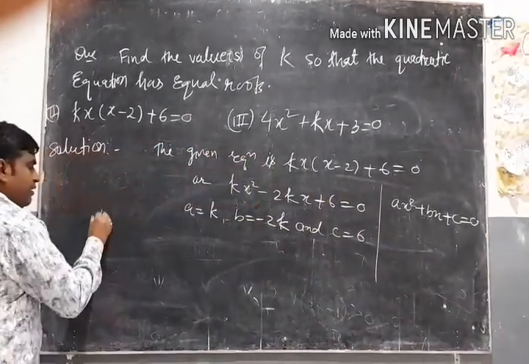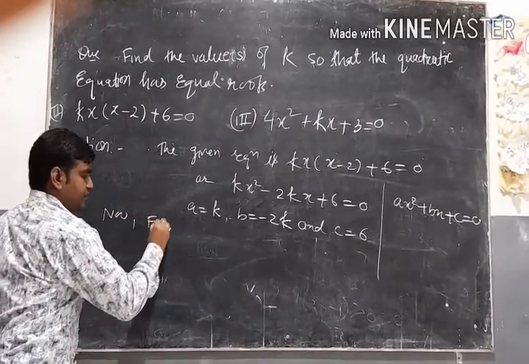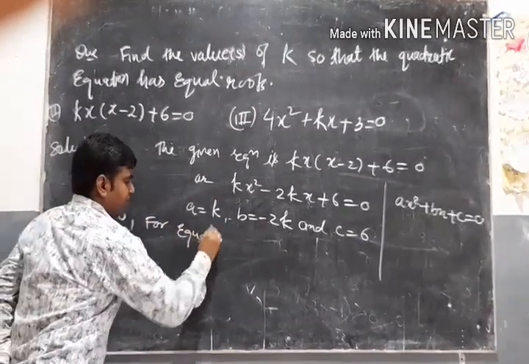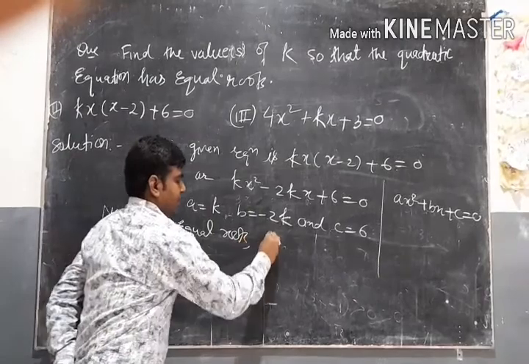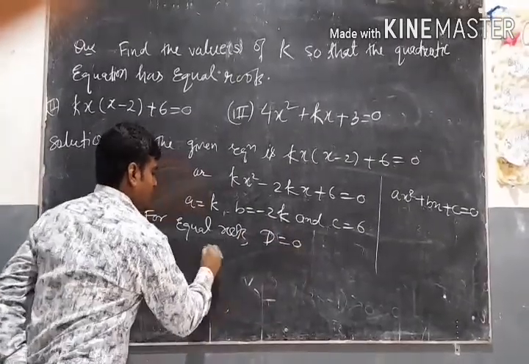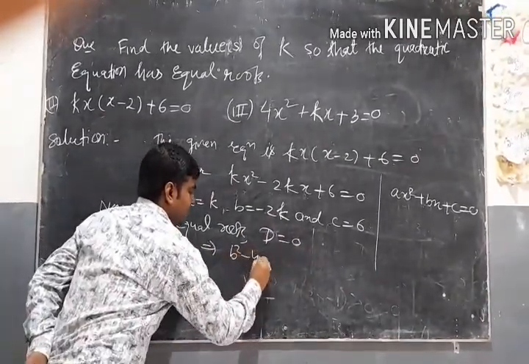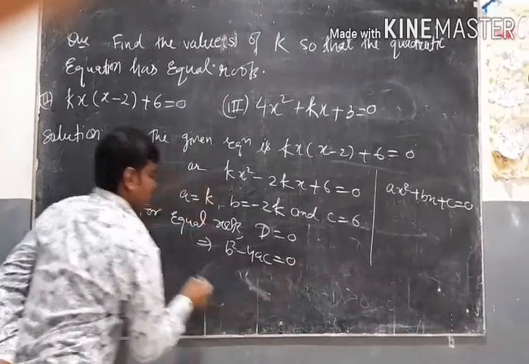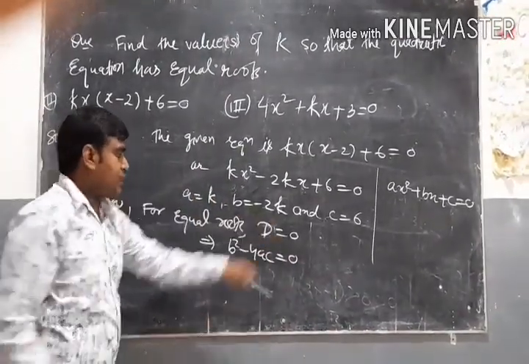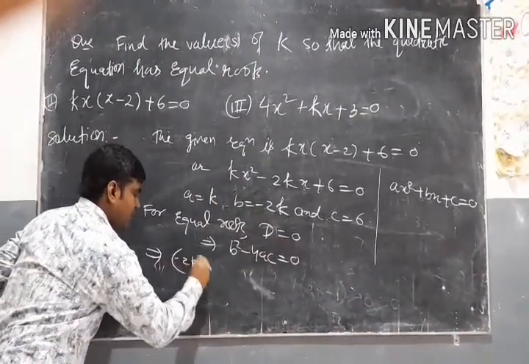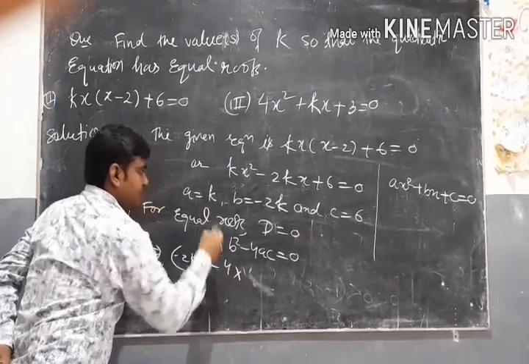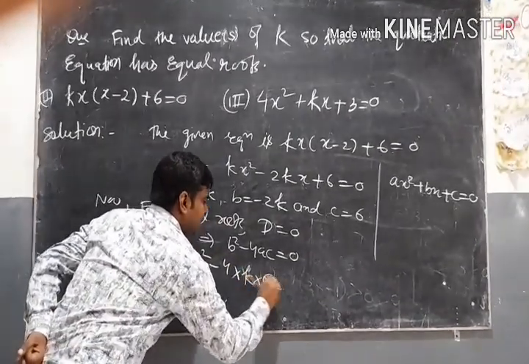Now we know that for equal roots we have D equal to 0 or b square minus 4ac is equal to 0. This implies minus 2k whole square minus 4 into k into 1 is equal to 0.